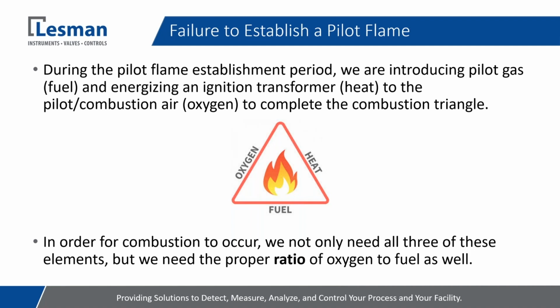The heat, in this case, if we're starting out on a cold start, would be the ignition transformer and the spark that's generated. And really the key to the combustion triangle is that not only do we need all three of these elements, but we also need the proper ratio, the air-fuel ratio, or oxygen to fuel ratio, to create that combustion.